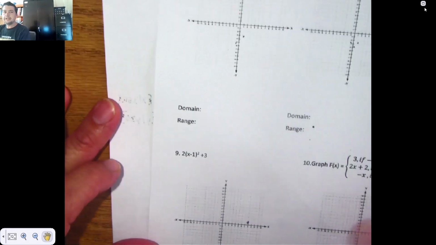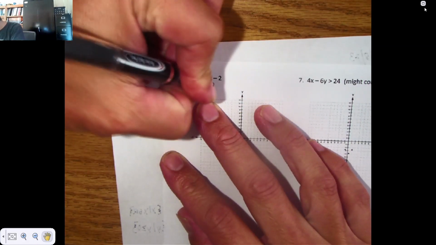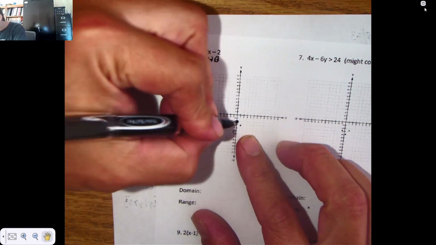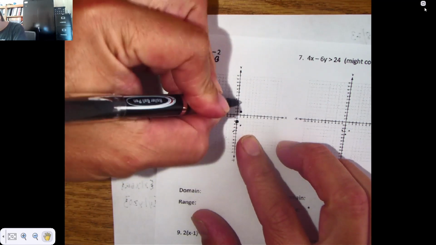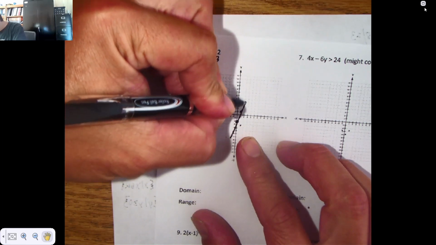Here we have a straight up mx plus b. We have a y-intercept at -2. We have a slope of 3 to 1, so rise 3, run 1. You only have to plot 2 key points there.